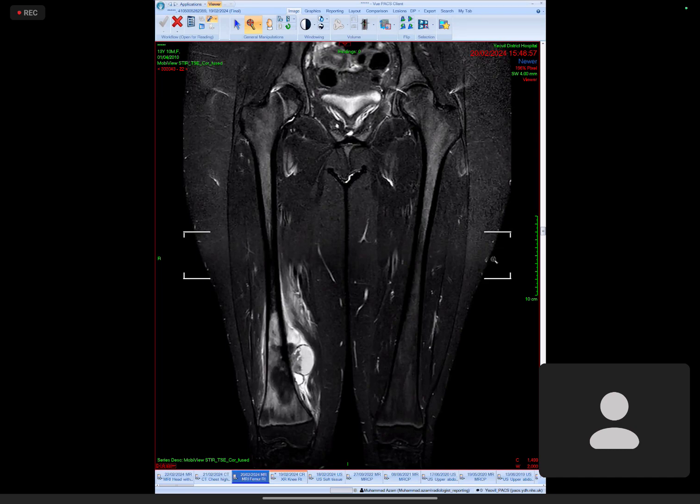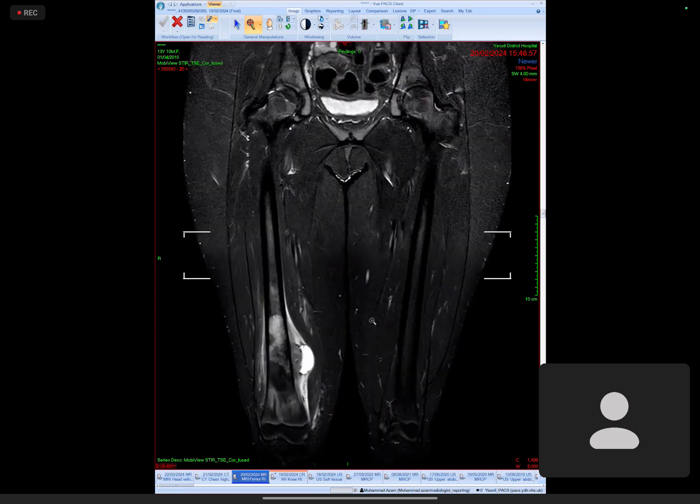But predominantly, I think this looks like an osteoid matrix within the lesion with a well-defined extraosseous component which is extending into the adjacent muscles. These are the vasti. Along with this, there is some periosseous soft tissue edema.